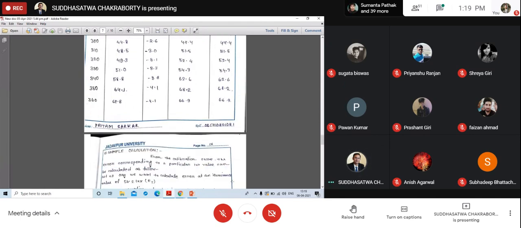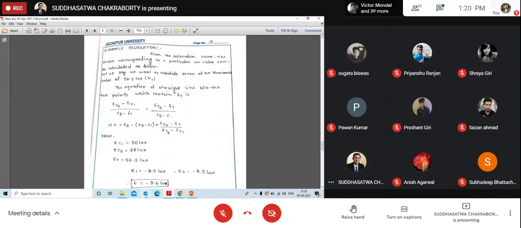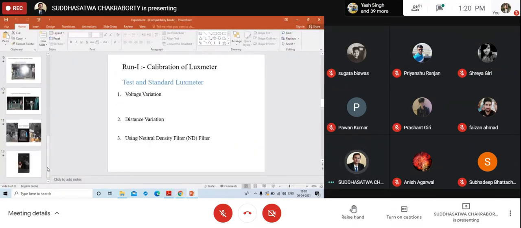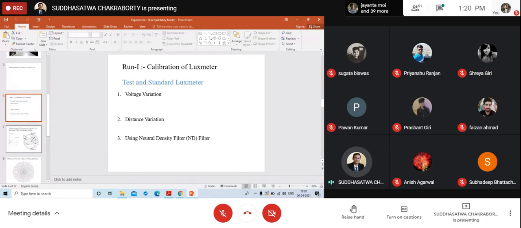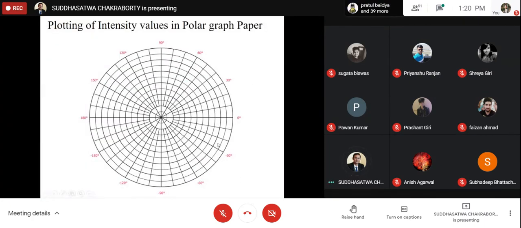Okay. So that's how we are. Now the last thing is that we need to plot that on a polar graph paper. The polar graph paper is very simple. Here you can see this is a standard graph paper. What you have are some angular sectors in the graph paper and some concentric circles.